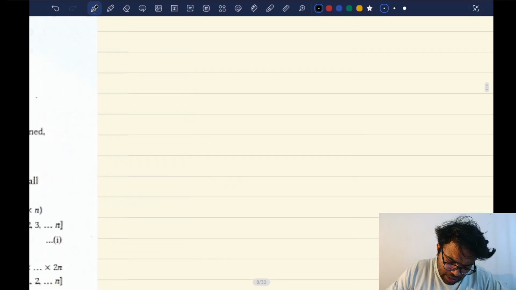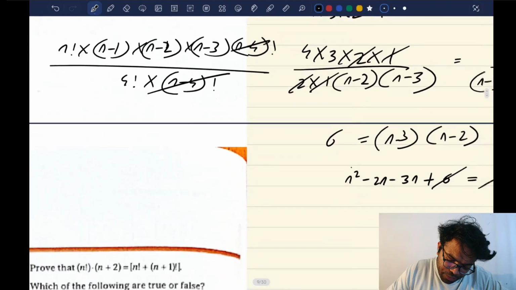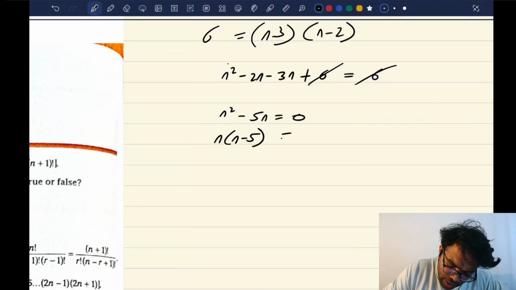This is correct, right? This is what I have written. Yeah, it's correct. So n squared minus 5n is equal to 0, n into n minus 5 equals 0. So either n is equal to 0 or n is equal to 5.